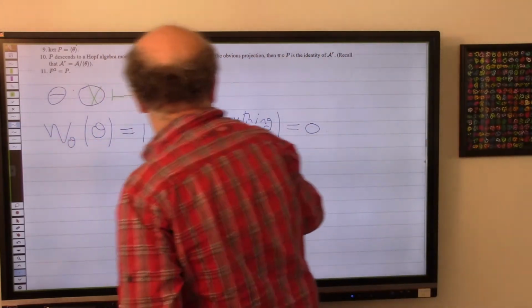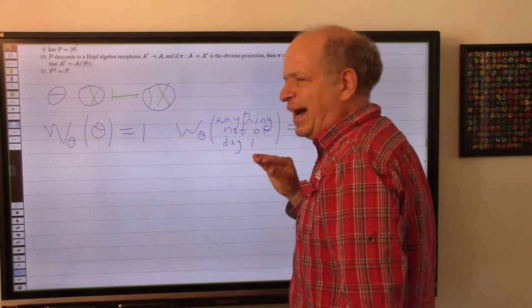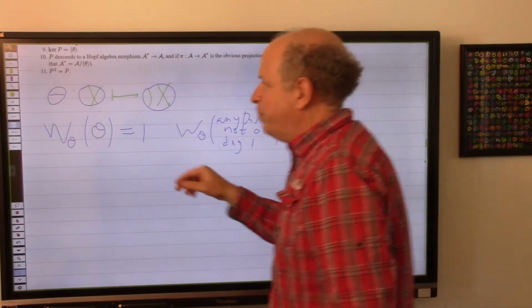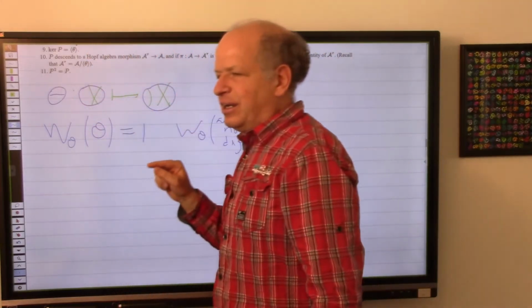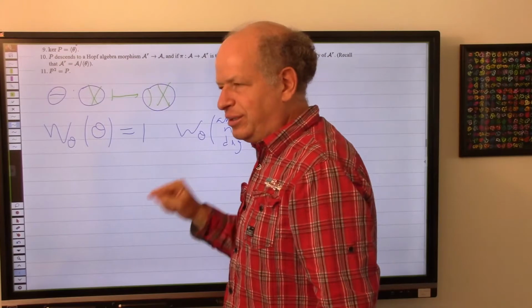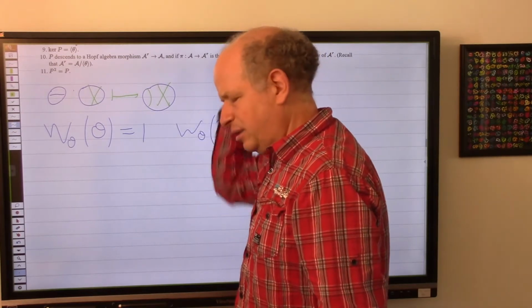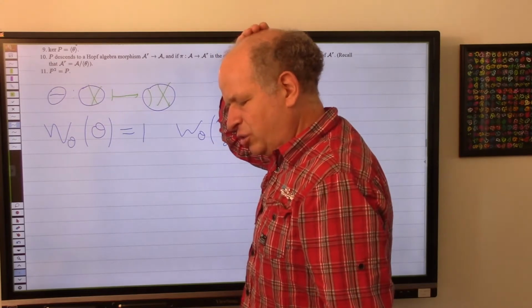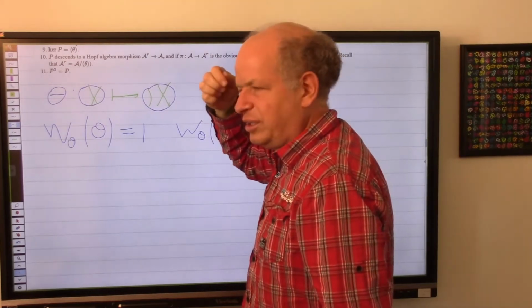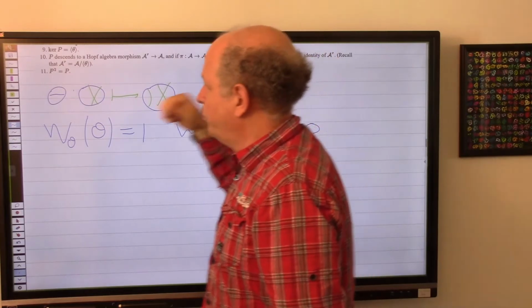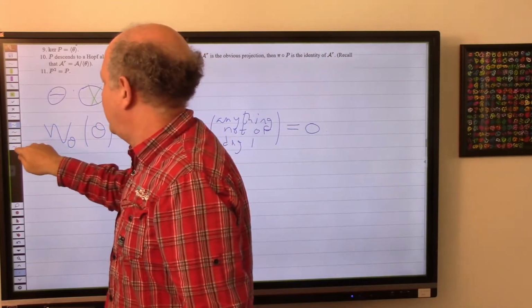Okay, so now what is the adjoint of multiplication by w theta?